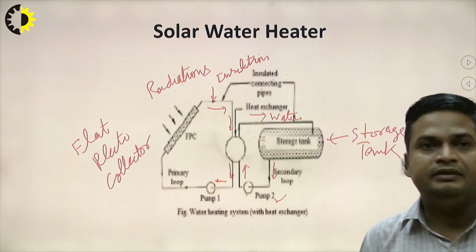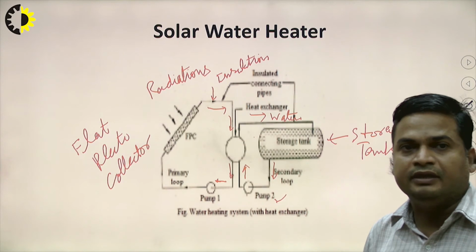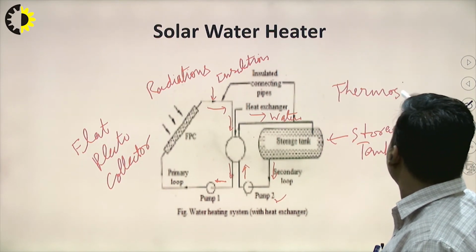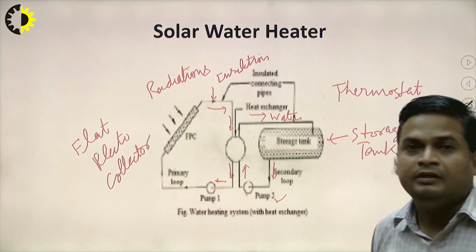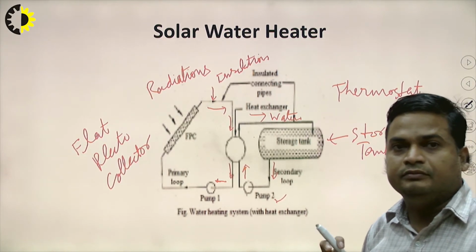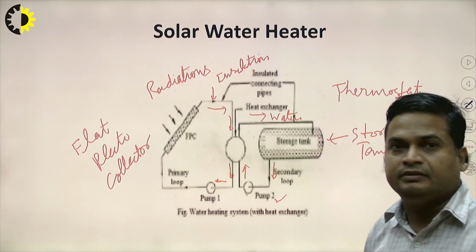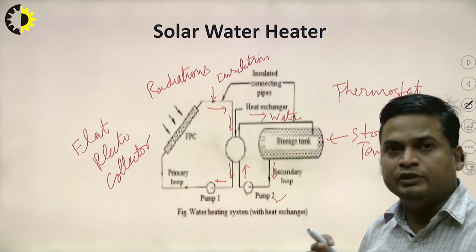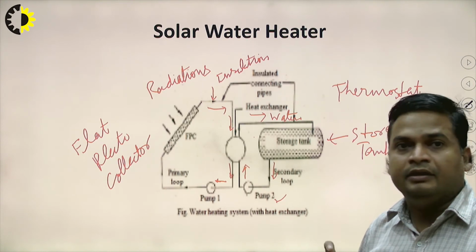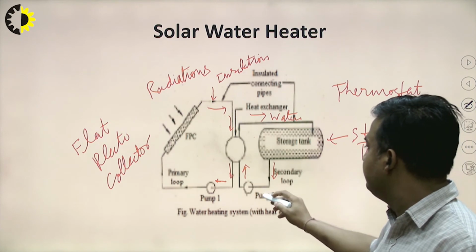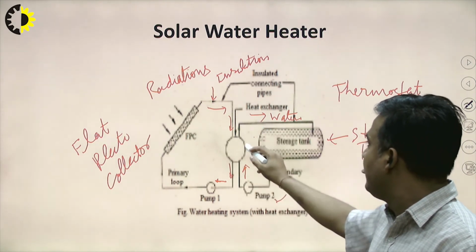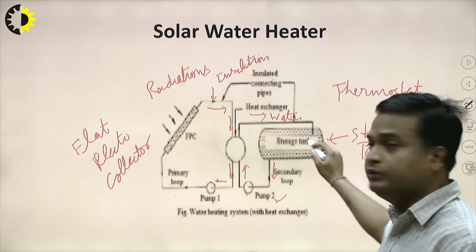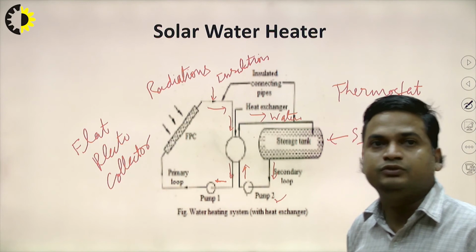There is a sensor, a thermostat, that is used to maintain the temperature of the storage tank as per the requirement, and when the temperature falls below that temperature, the water flows in this direction, pumped through this pump, and takes the energy to maintain the desired temperature of this water, and again is sent to this storage tank. So this is about the solar water heater.